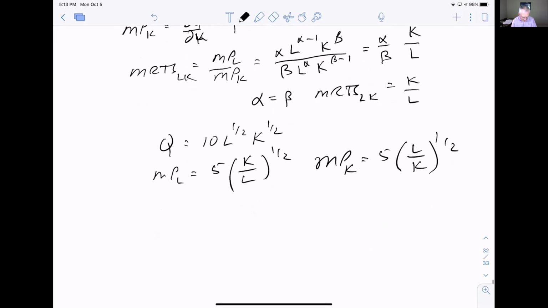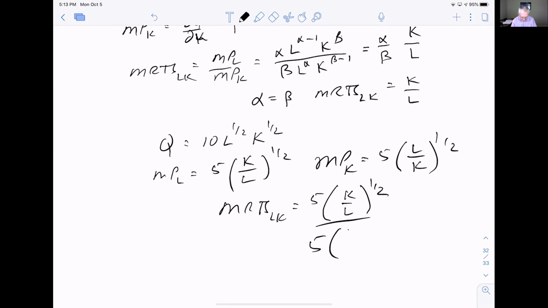So the MRTS in this case would be, whoops, let me make that marginal product of labor, excuse me, 5 times (K over L) to the 1/2 over 5 times (L over K) to the 1/2.